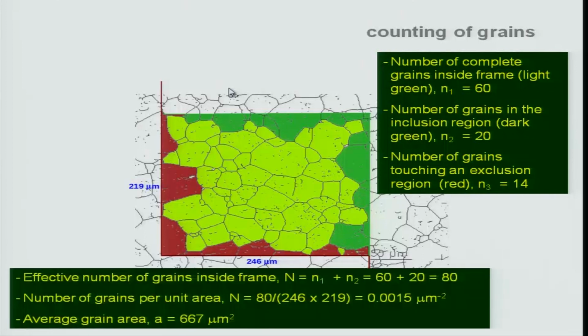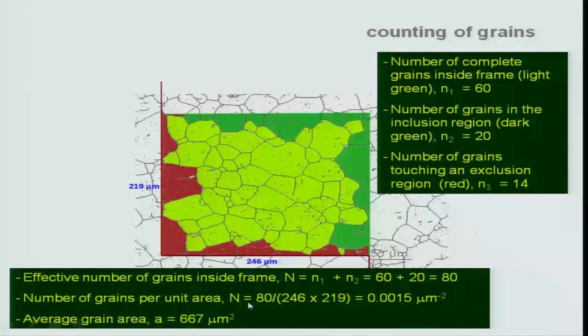So, the effective number of grains in this mask is simply the first two numbers, 60 and 20, and 14 will not be counted. So, I have 80 grains in this area, hence N_A, the number of grains per unit area. I have only written N here, but it is N sub A as I had put on the board.